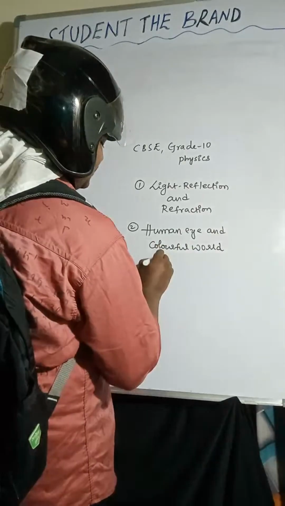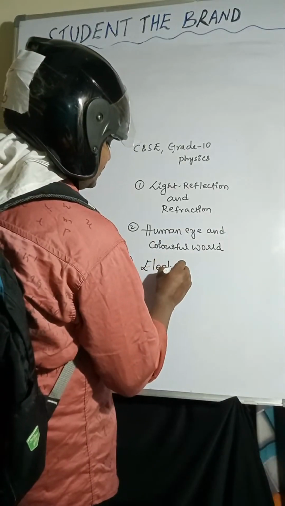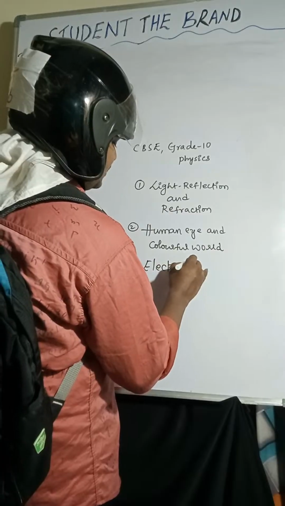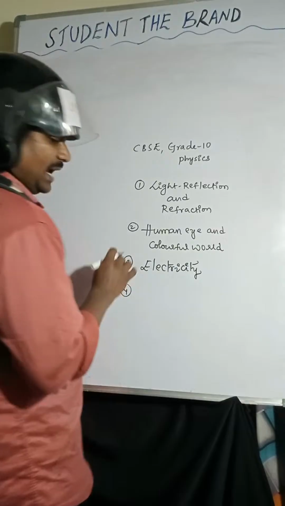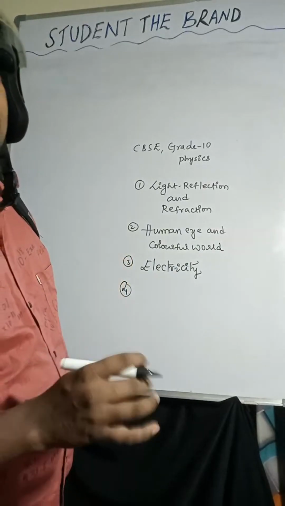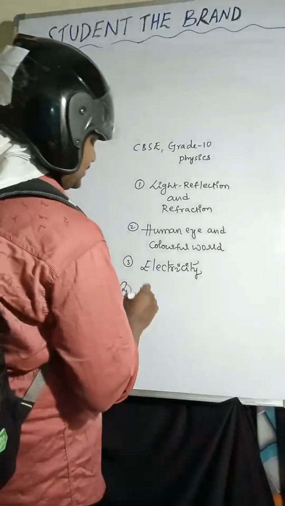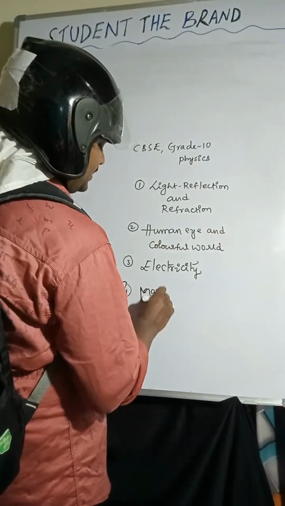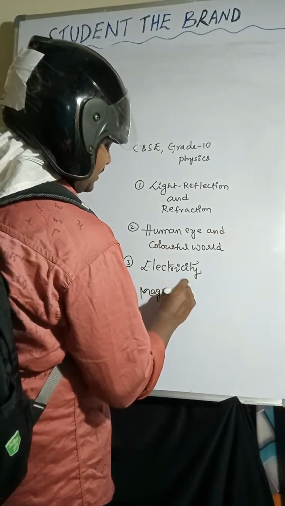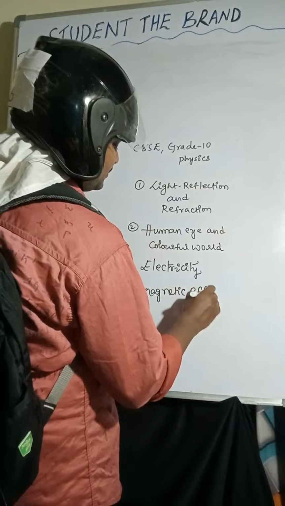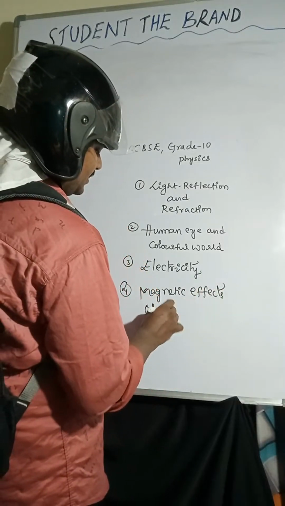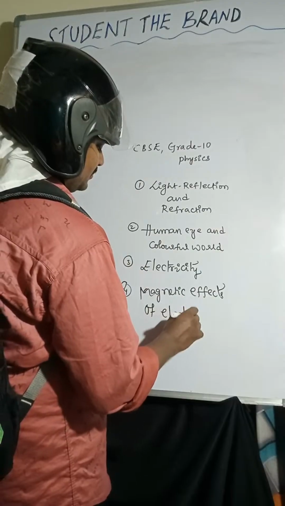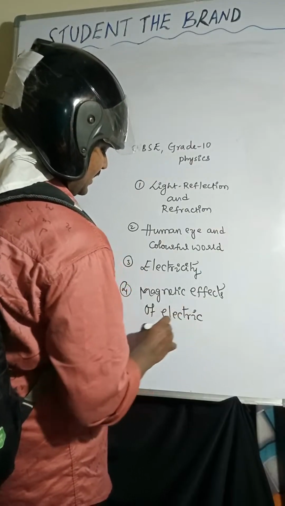And the fourth one is magnetic effects of electric current.